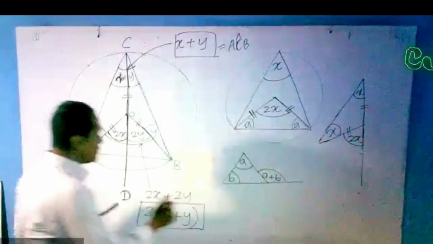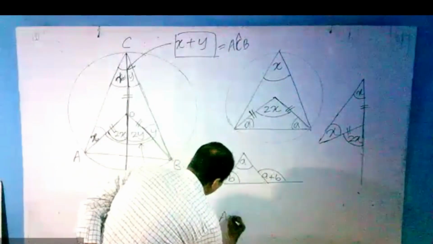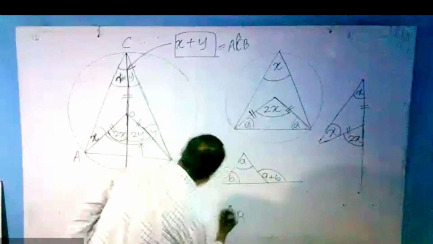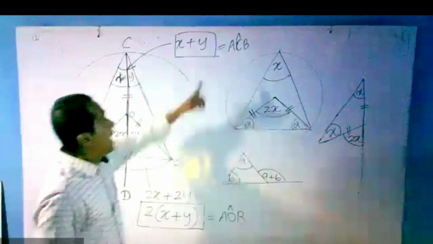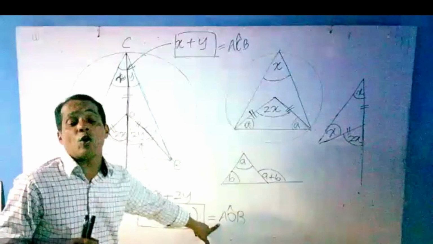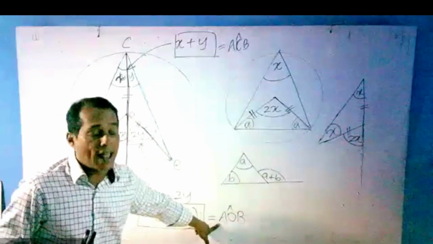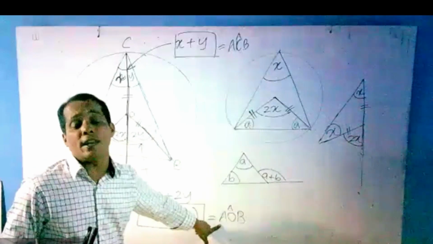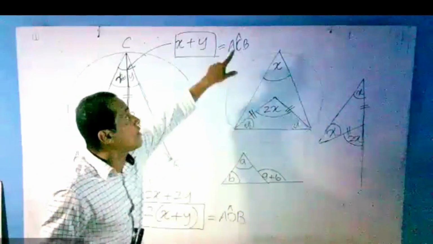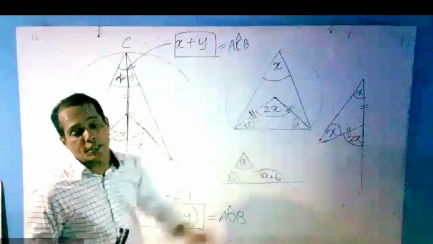Then that is the angle AOB. And then you can see that the ACB angle is equal to half of the AOB angle, and also the AOB angle is equal to twice the ACB angle. Did you get that? How to prove that relationship?